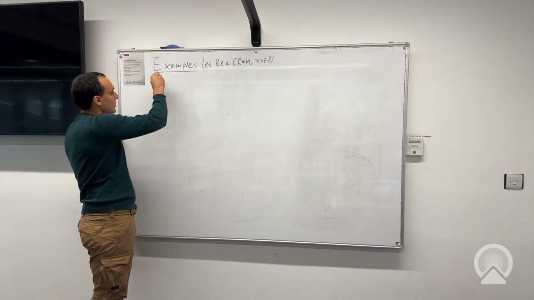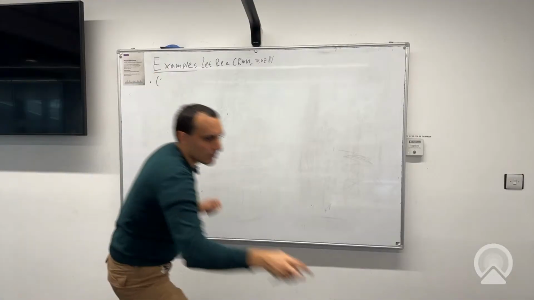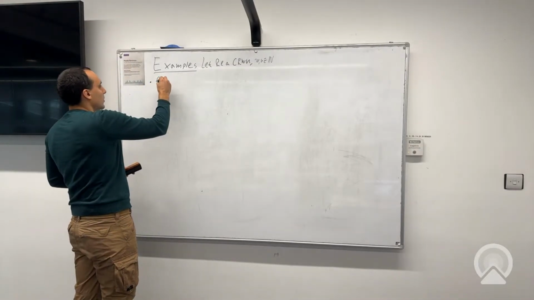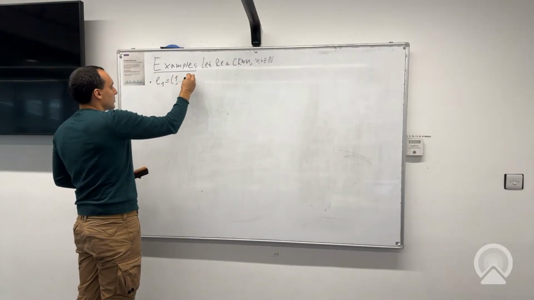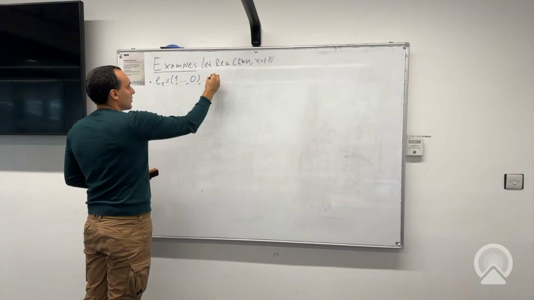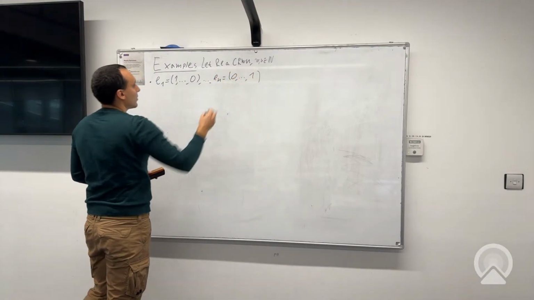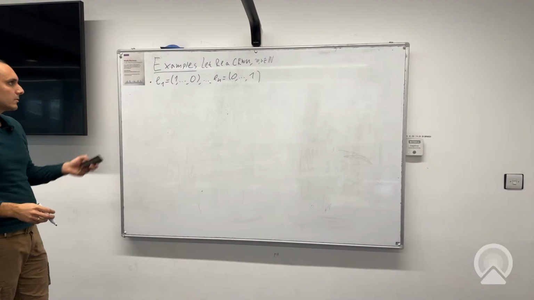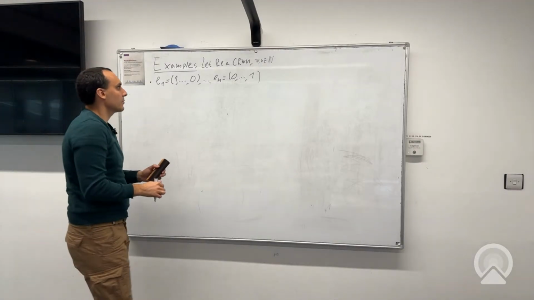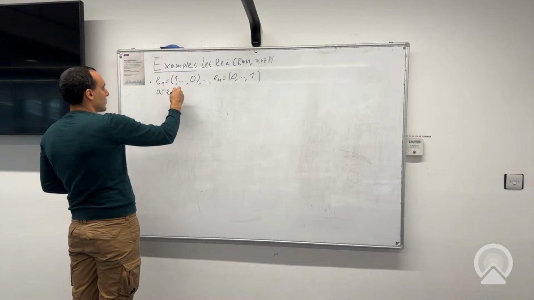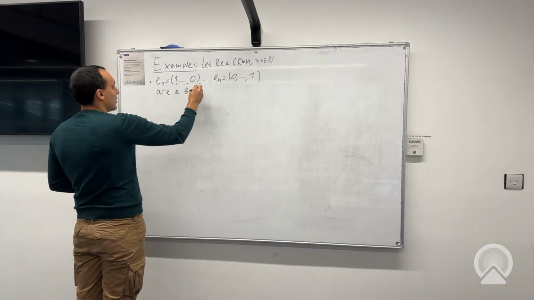The vectors e1 equals (1, 0, ..., 0), and so on up to en equals (0, ..., 0, 1). So the standard basis tuples form a basis of R^n.